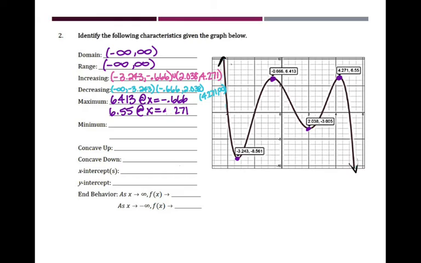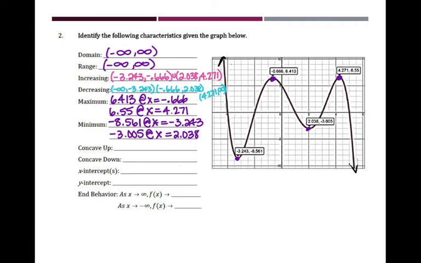And then for my minimum, I have a minimum value of negative 8.561. And that was at an x value of negative 3.243. And then I also have another minimum value at negative 3.005 at x equals 2.038. You could also write those as ordered pairs.